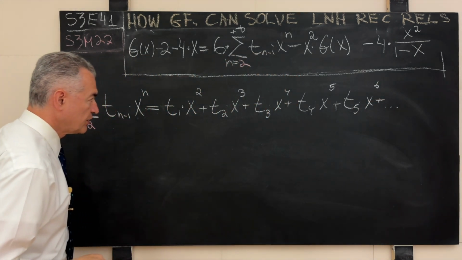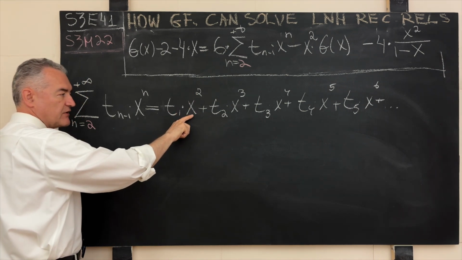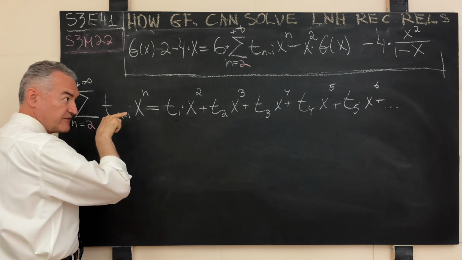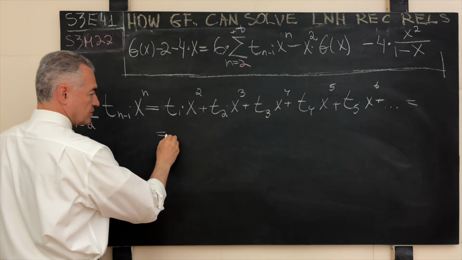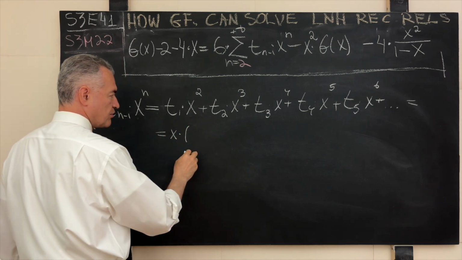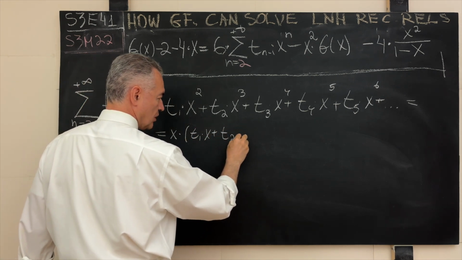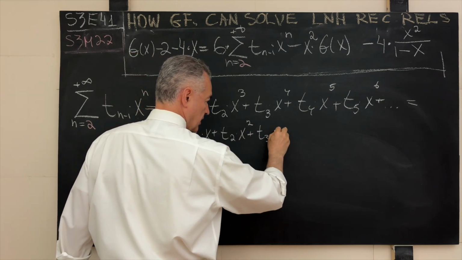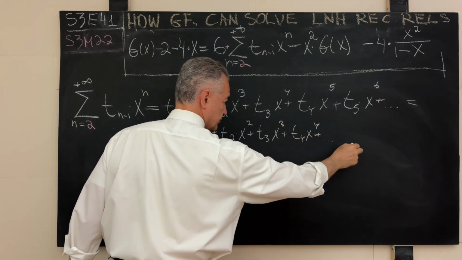So what do we do over here? Well, first look at this. We can make sure that the powers of the independent variable x go in step with the index of the coefficient by factoring out one copy of x. So we can write it down as follows: x times, and then in the parentheses we will have t1 times x plus t2 times x squared plus t3 x cubed plus t4 x to the fourth plus, and so on.